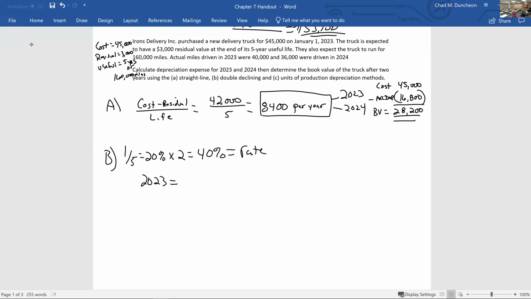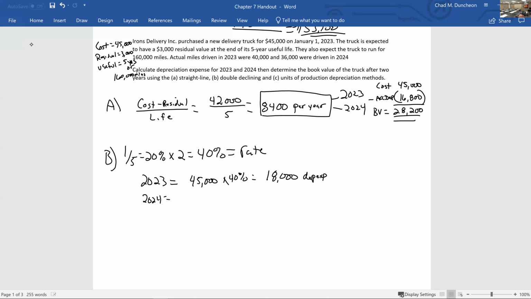We're more concerned about the book value. So in year 1, the book value is $45,000 because it has no accumulated depreciation. So we have an $18,000 depreciation expense in 2023.